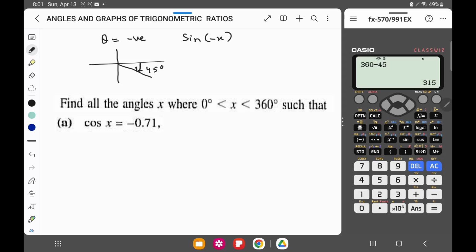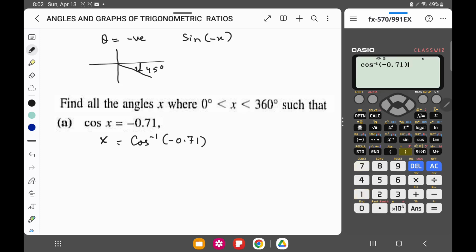It's the first question. Whenever we have to find an angle, we do the inverse. So x is equal to cos inverse of minus 0.71. I press shift and cos inverse, minus 0.71.